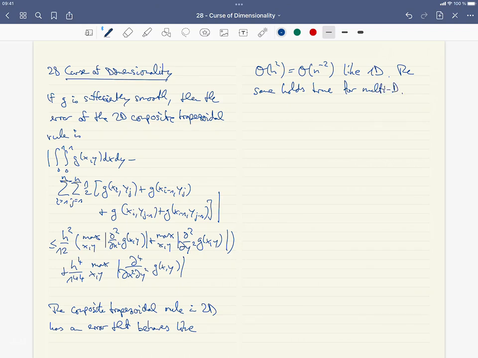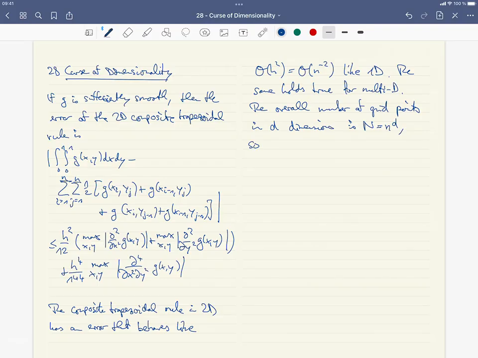And then what is usually done, we express the error in terms of the total number of points, because that's a fair comparison between all of the different methods. So the overall number of grid points in D dimensions, that's the total number of points, capital N, that's little n to the power D. Yeah, so n squared in 2D, n cubed in 3D, and so on.